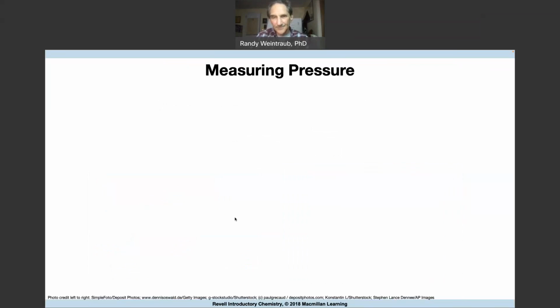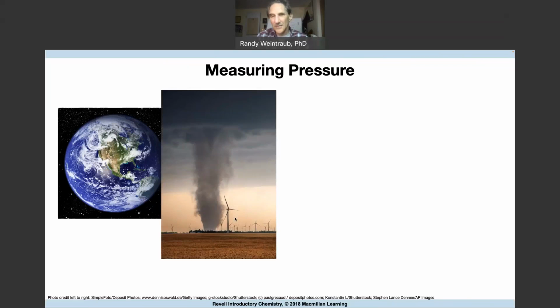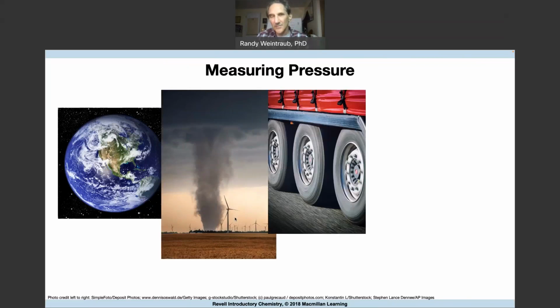Gas pressure is a normal part of our lives. The Earth's atmosphere exerts pressure, and that's essential to life. Subtle variations in atmospheric pressure cause wind and weather variations. Pressurized air in tires helps vehicles roll smoothly.